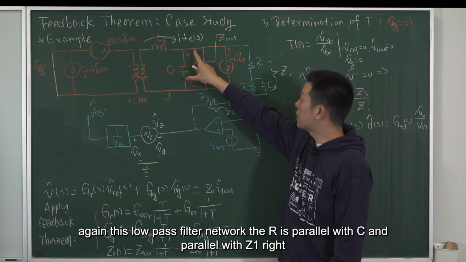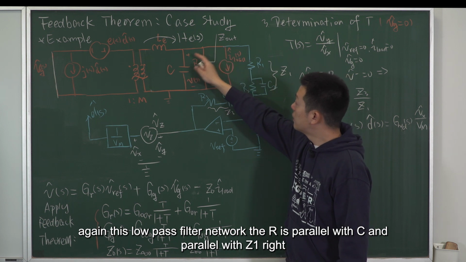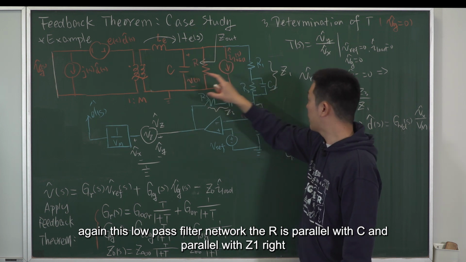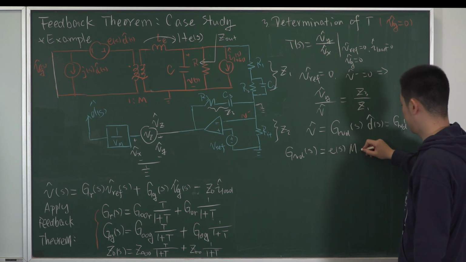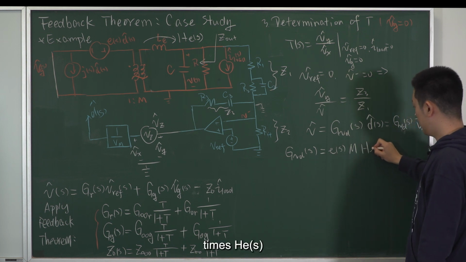Again, this low-pass filter network, the R is parallel with C and parallel with D1, right? Times HES.